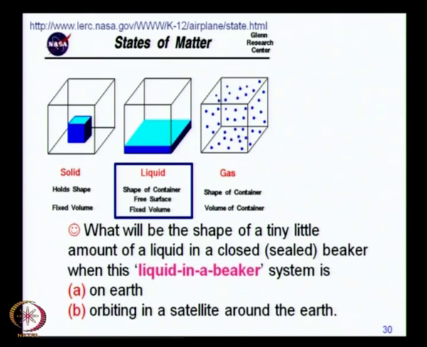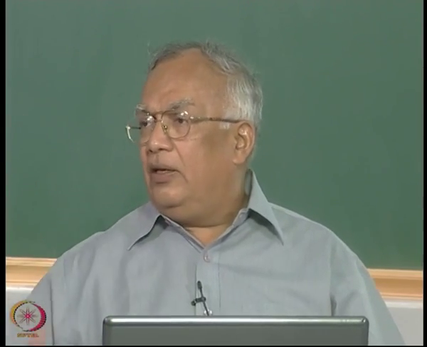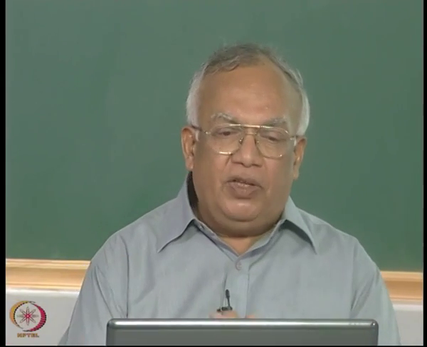Mother Earth gives us tremendous comfort, security, but if we are in this state of motion, sitting in a satellite and going round the earth, we will be in a state of free fall in some sense, right? And we ask the same question, what will be the shape of this tiny little amount of liquid?